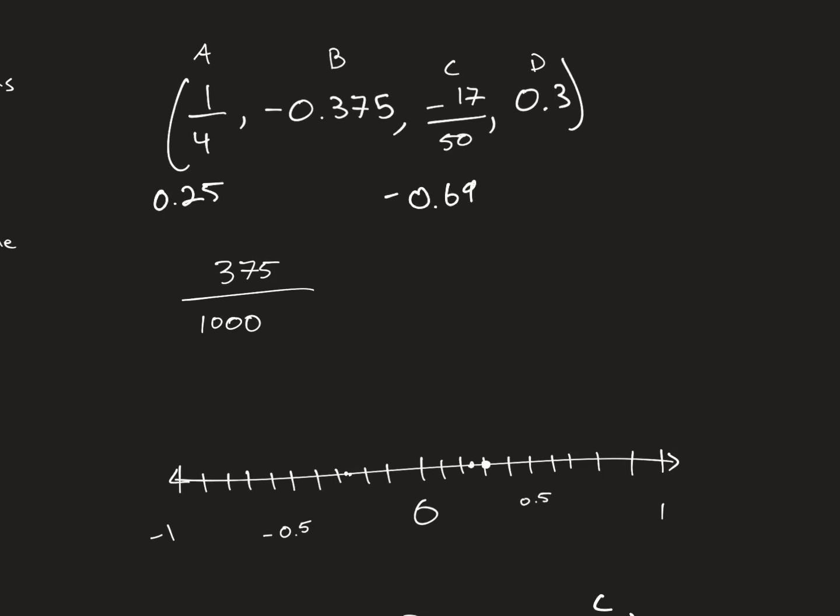We can see I had to convert everything to decimals. I know that the 1/4 benchmark is the decimal 0.25. To go from negative 17/50, I multiplied both my numerator and denominator by 2, and I get negative 69 hundredths, or negative 0.69.